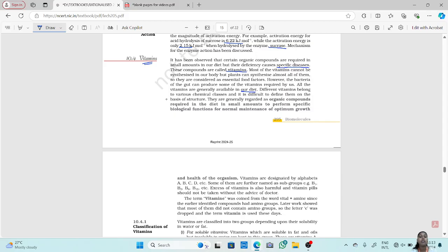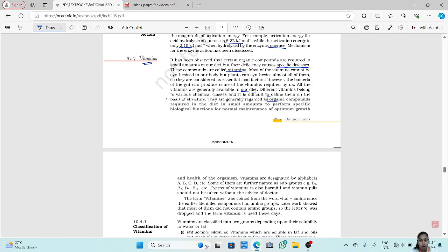So since we can't define them on the basis of their structure, we generally define a vitamin as an organic compound required in the diet in small amounts to perform specific biological functions for normal maintenance of optimum growth and health of the organism.